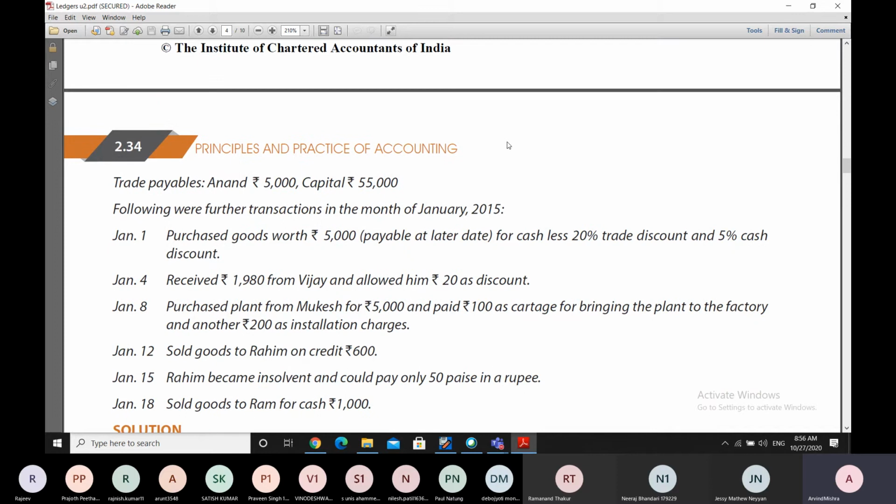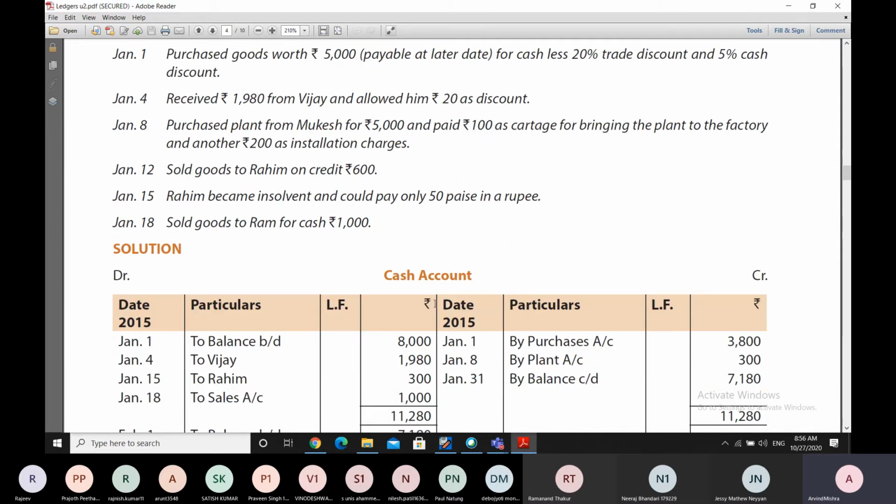So therefore, since we are buying the plant, and we are paying, we are purchasing the plant from Mukesh for 5,000 rupees, and we are paying 100 rupees as cartage, and we are paying 200 rupees as installation charges.